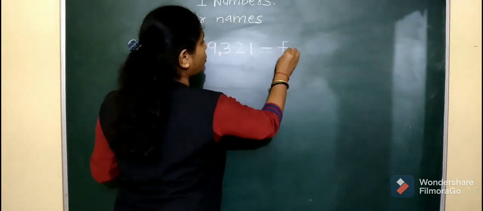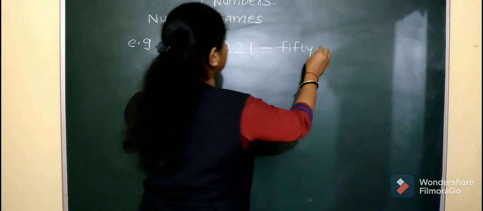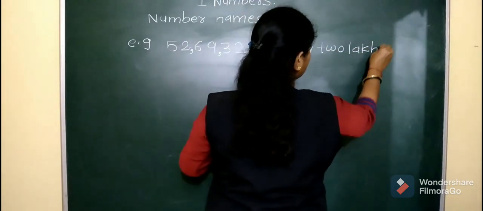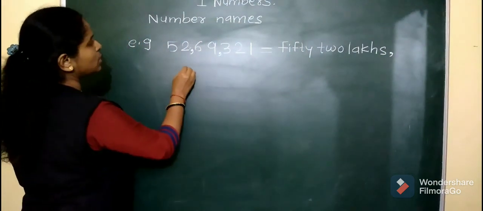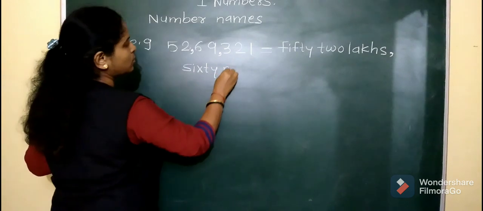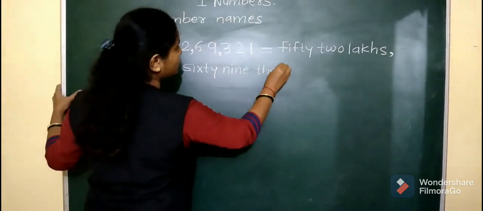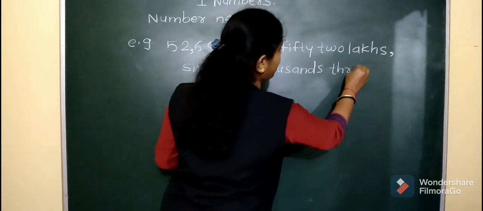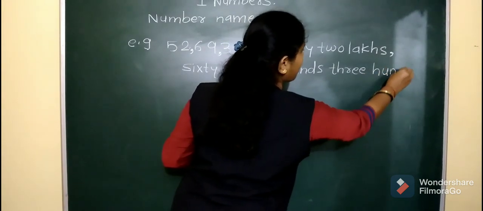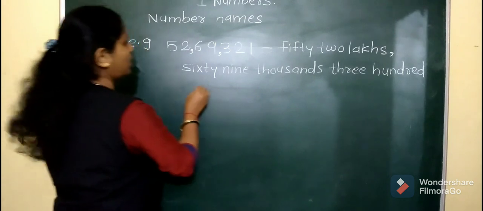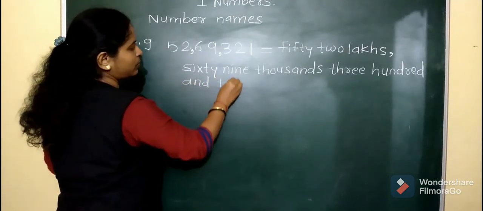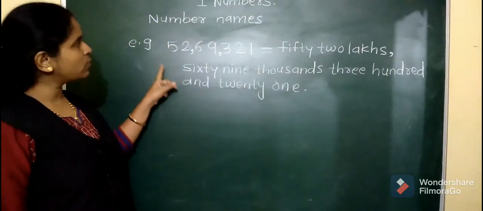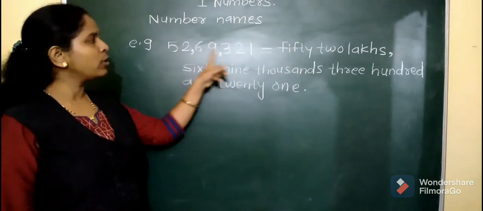So the same thing we will write in words. That is 52 lakhs, 69,321. So in this way we can write the name of the given number.